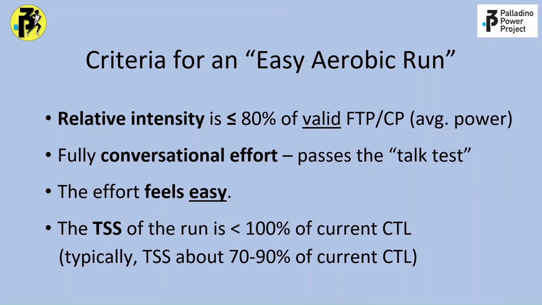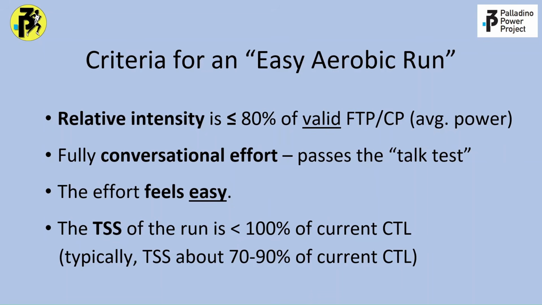Once you start having to interrupt multiple sentences to take a breath, and it becomes more abrupt sentences separated by breathing, that falls out, and you're above that threshold, above that phase transition between moderate and heavy.